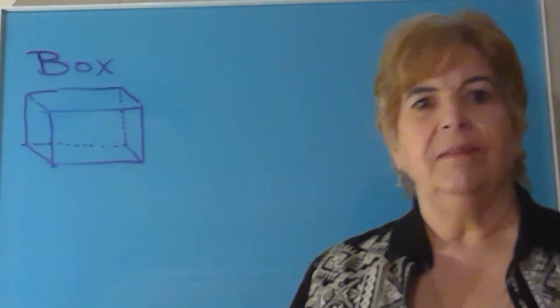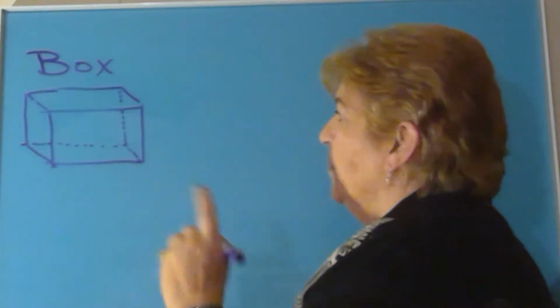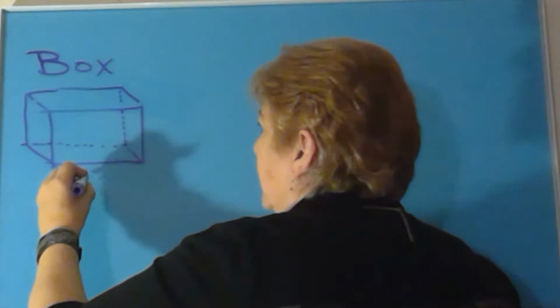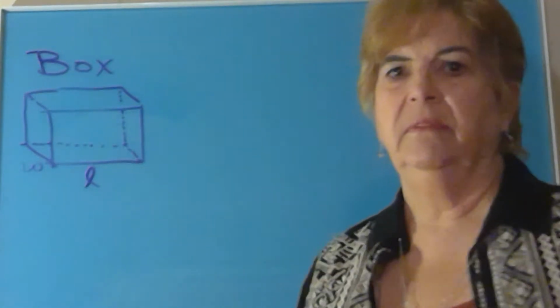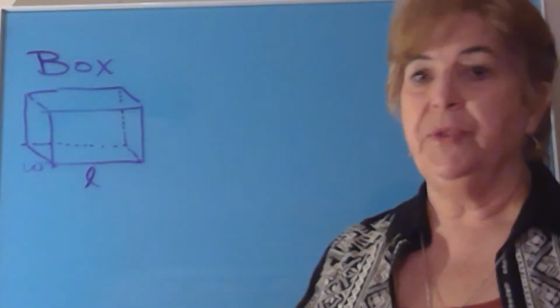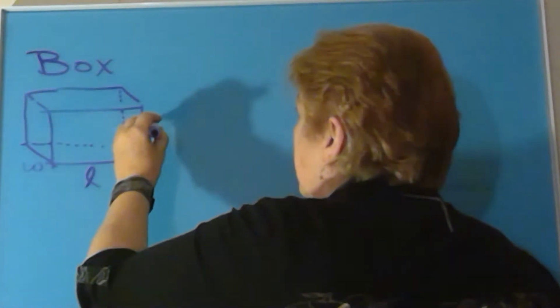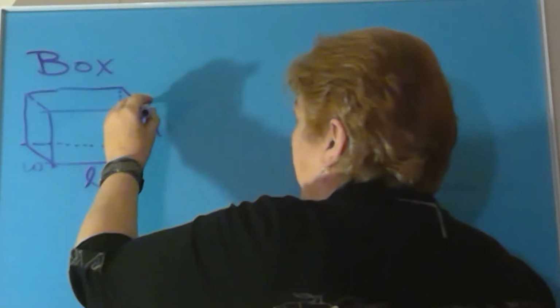So there's our box. The bottom of the box has a length and a width. That's just the bottom surface, but then we have the height of the box.